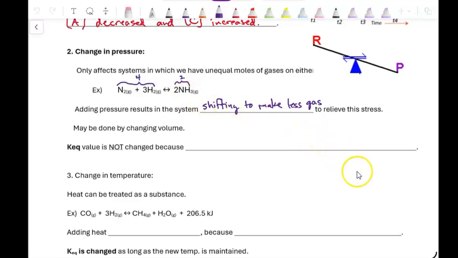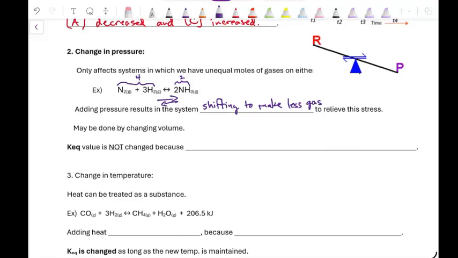In this case, the KEQ isn't changed either, because as soon as I change that pressure, a couple seconds later, the reaction shifts to make up for that stress. So for example, if I increase the pressure and it shifts to the right, well, now I've got a higher concentration of my stuff on the right. So now the reaction is just going to shift back to the left.